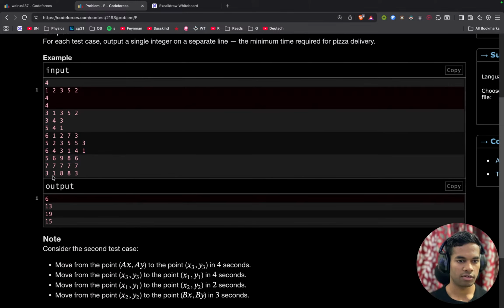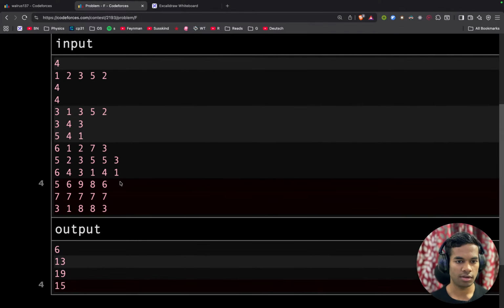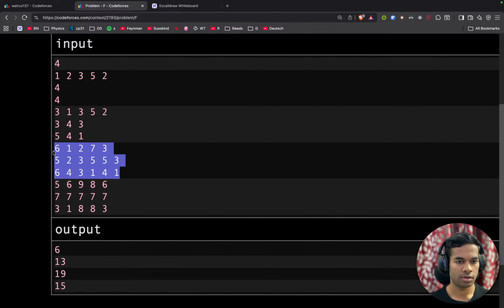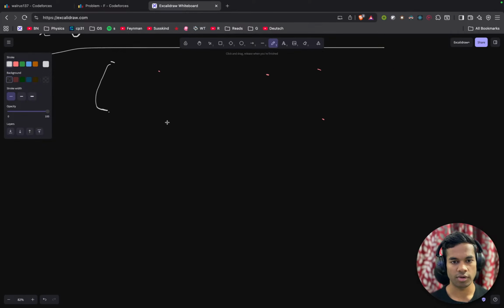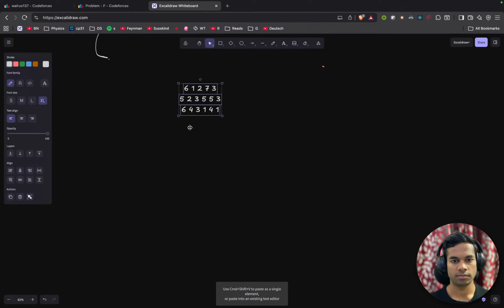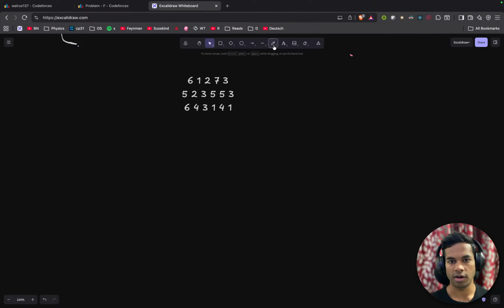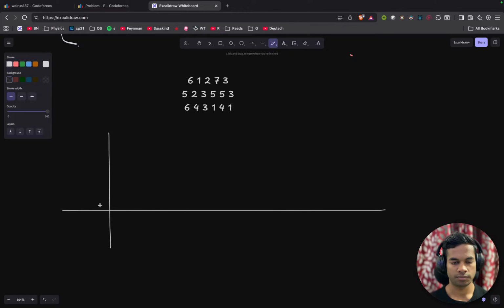Okay, let's take one example. I think we did take this one at some point when we were doing this for the first time. So our starting point is 1 2, and our end point is at 7 3 at some point later on.